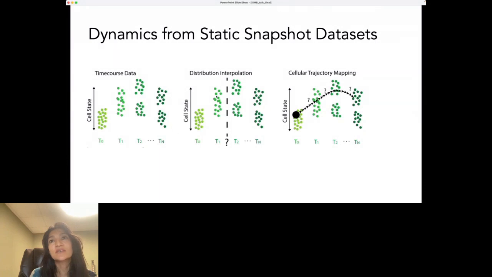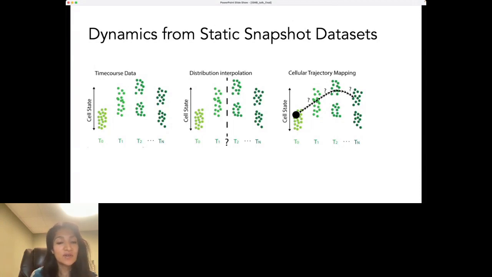So if we have a discrete time course, what would have happened at a time point that we didn't measure? And also, what would the fate of a cell have been if we had been able to follow it? Instead, we all know that single cell RNA sequencing kills cells and you can no longer follow them. So these are some of the ways we'd like to infer dynamics from single cell data sets.